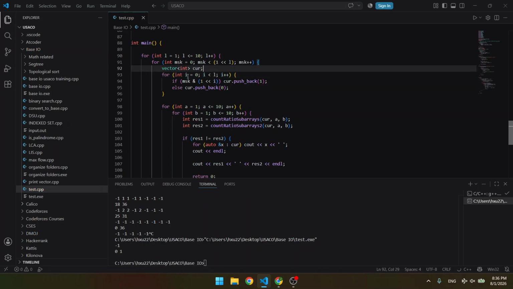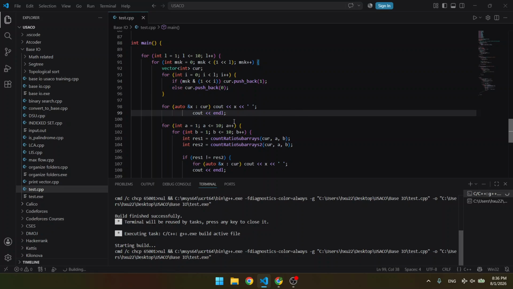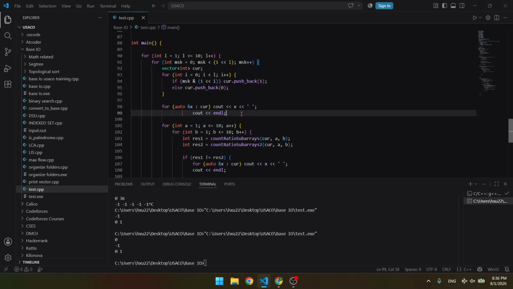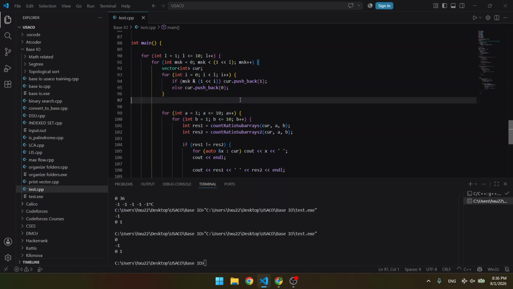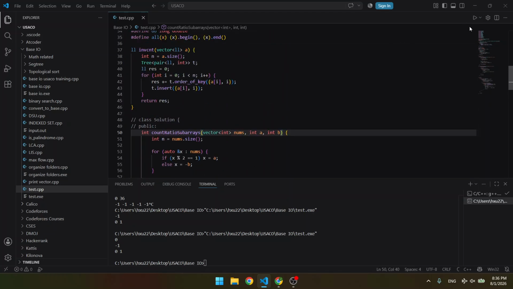Wait, how did I get to those values? This makes no sense. Oh, I see. We passed them as parameters.